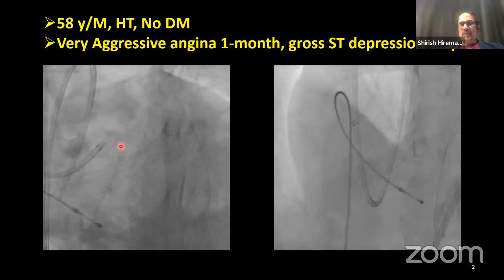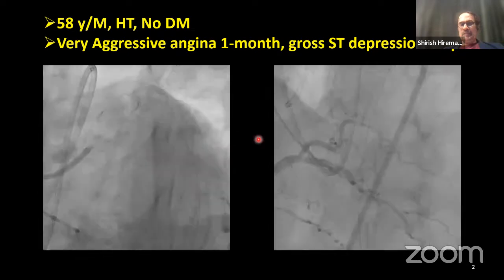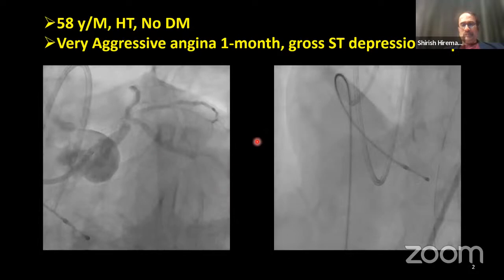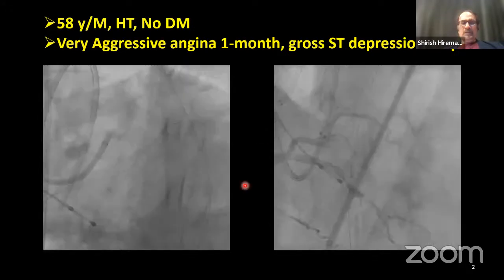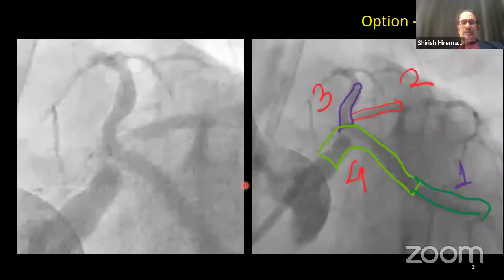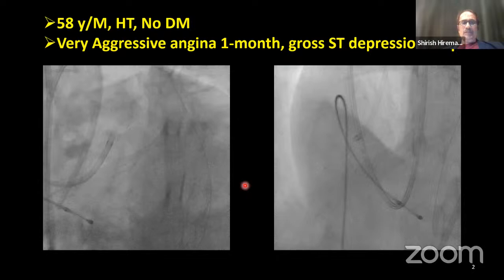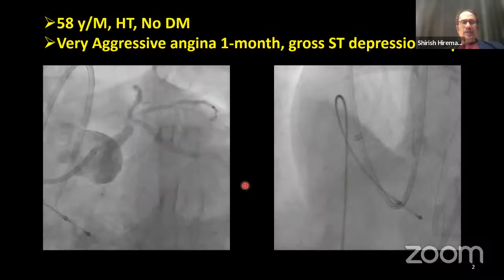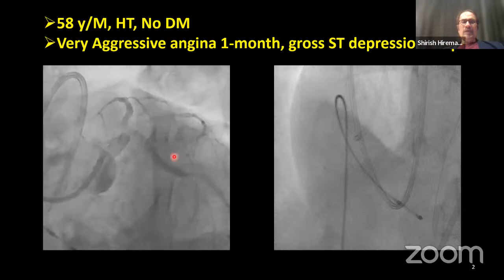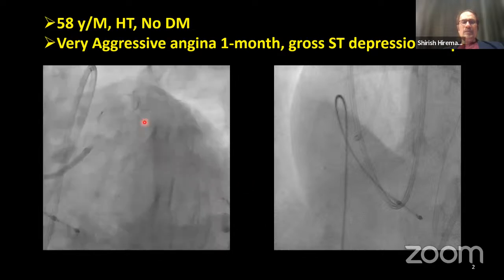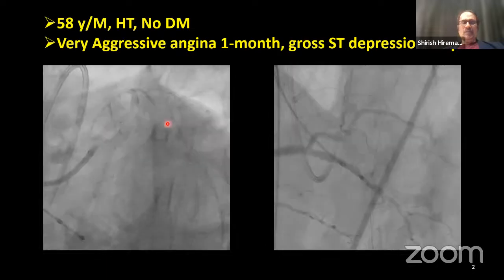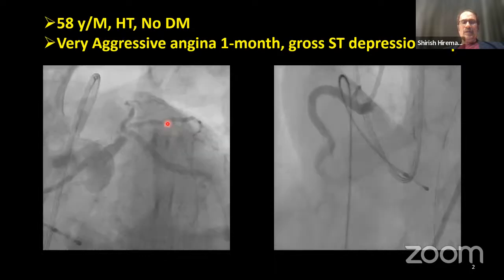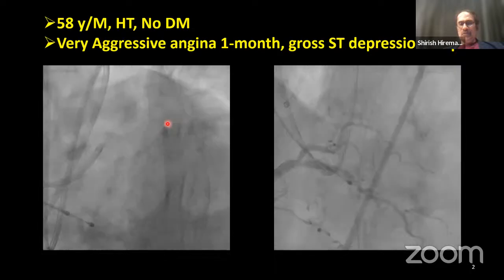There is some narrowing in the mid portion, and maybe one could do an FFR, but we felt this was not contributing to the current problem. The patient was going into recurrent failure because of this vessel. The mitral regurgitation could be documented at grade 3 and 4 on echo.